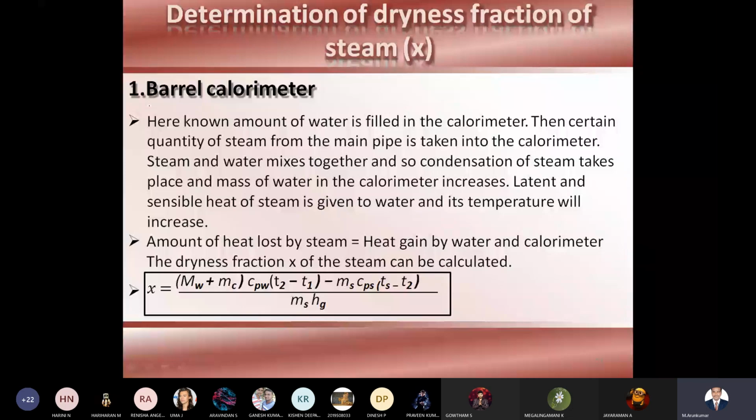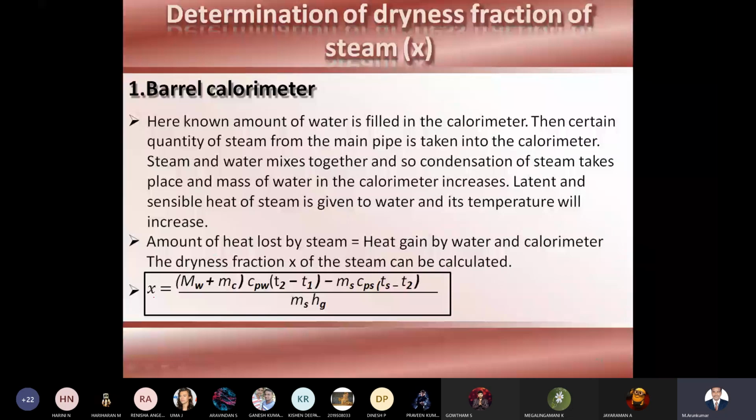Mass of water in the calorimeter increases. Right. So the latent and sensible heat of steam is given to water, and its temperature will increase. So we mix the steam and water together to get the increased temperature. Right. So the amount of heat lost by steam will be equal to the heat gained by the water and the calorimeter. So from that we can calculate this dryness fraction.